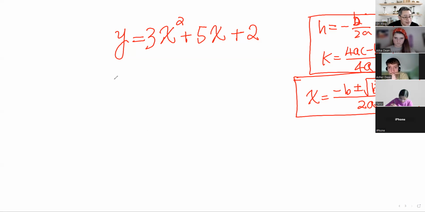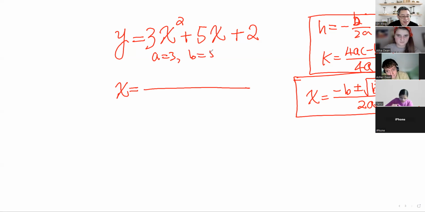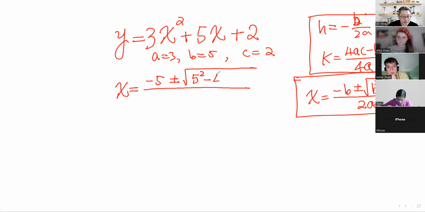Well, make sure that when we're doing this, we got x equal to minus b. We know a is 3, b is 5, c is 2. So minus b will be minus 5, plus minus. Then we got b squared, b is 5, so 5 squared, minus 4ac, our a is 3, c is 2.